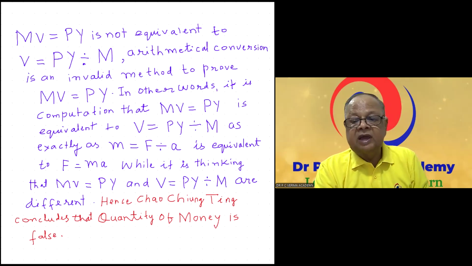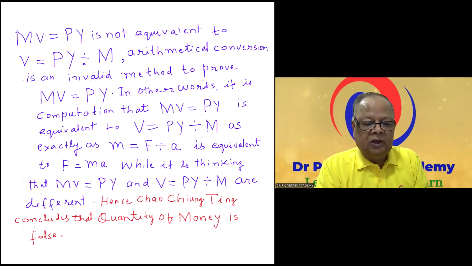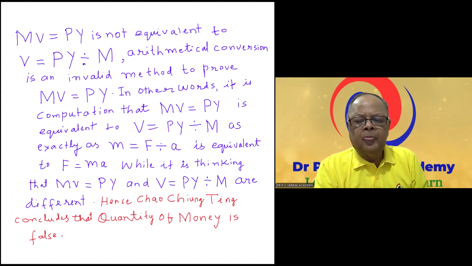In fact, he has cited the barter system, which will prevail even without money. So it is very interesting, and if you want to study more, you consult the International Journal of Economics and Finance, published in 2017, 9 in bracket 10.